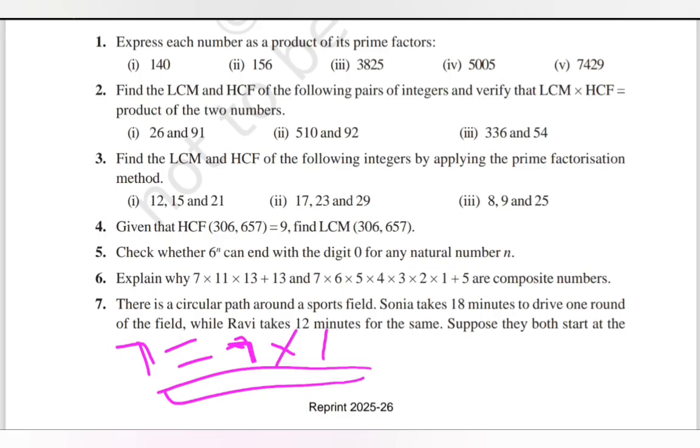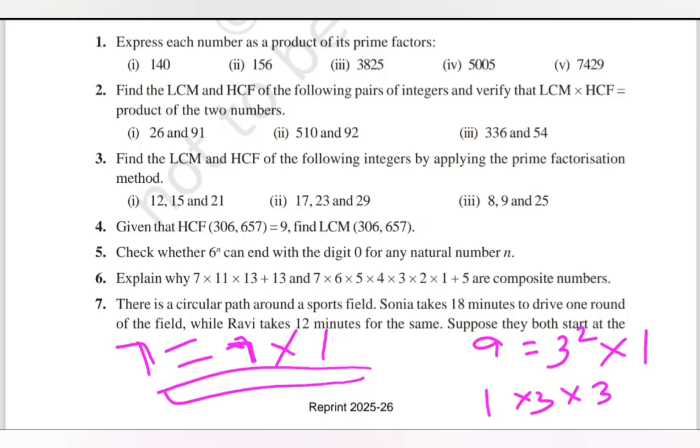But take for instance 9. For 9 we have 3 square into 1, that is 3 into 3 into 1. So it has more than two prime factors. Since it has more than two prime factors, we can say 9 is a composite number.